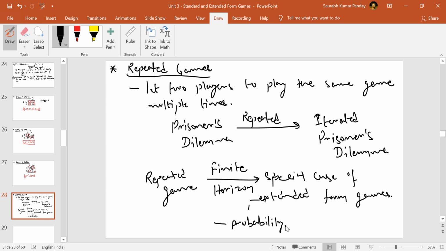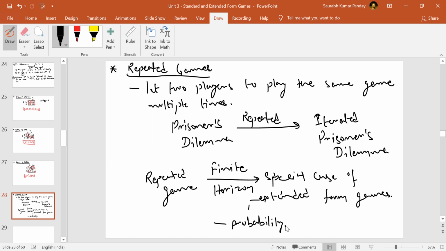Now the prisoners do not know that 50 rounds or 50 chances will be given to them. Instead, the prisoners may think that this chance may be my last chance. And since we are talking about chance, probability comes into the picture: there is a small probability that every interaction will be the last interaction.